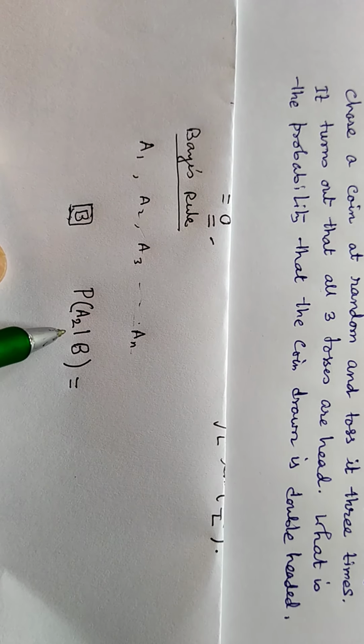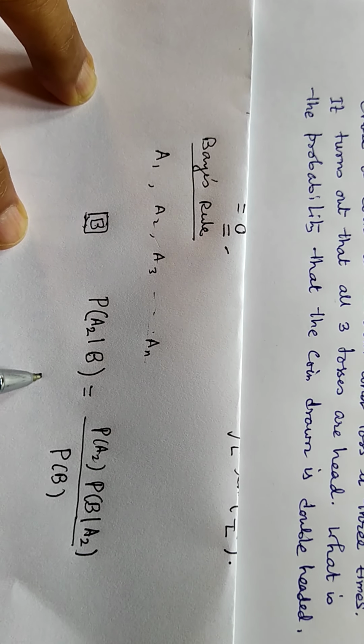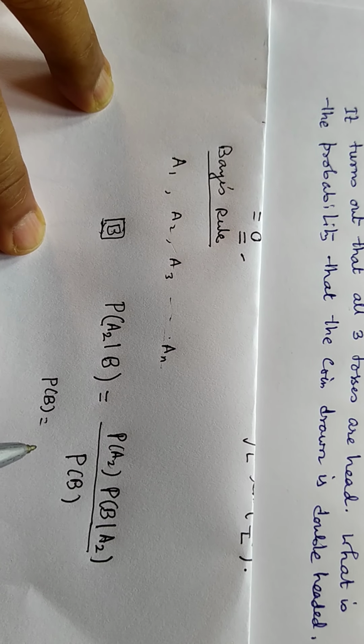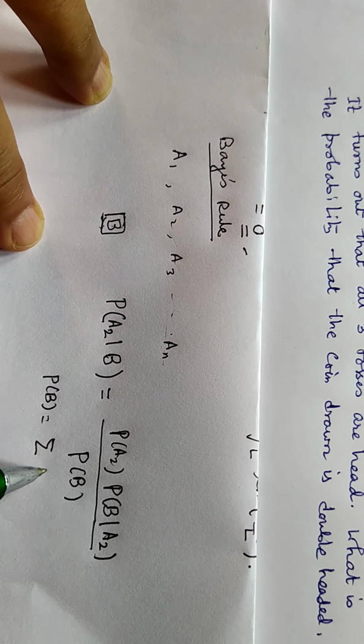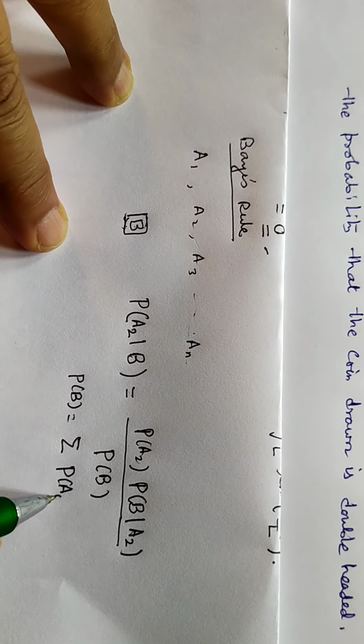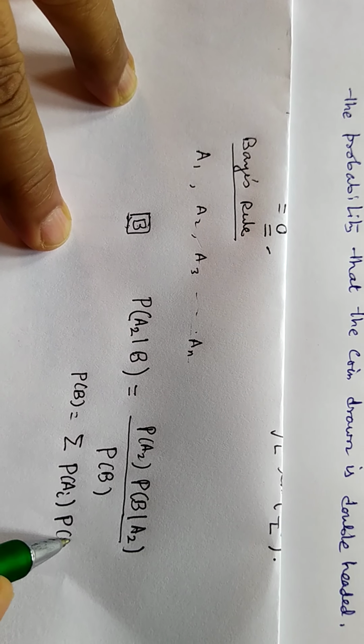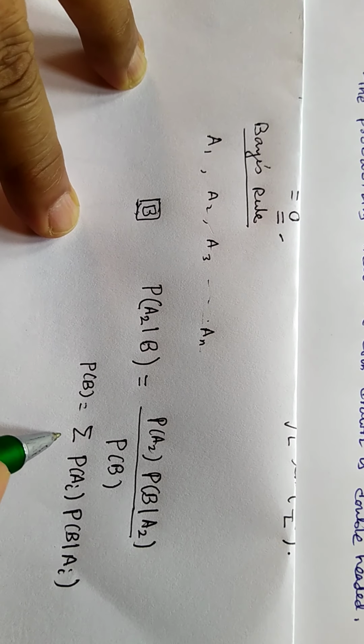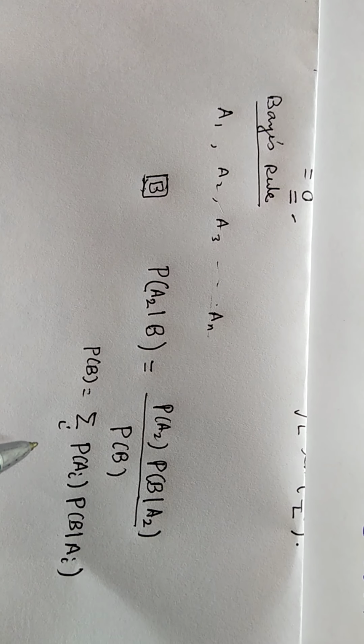Then it should be the probability of occurrence of A2 and the probability of B occurring if A2 has occurred, divided by the total probability of B. And what is this P(B)? P(B) equals the total probability, that means the sum over i of the probability that event Ai occurred and the probability that B occurs given Ai. This is the total probability of B.